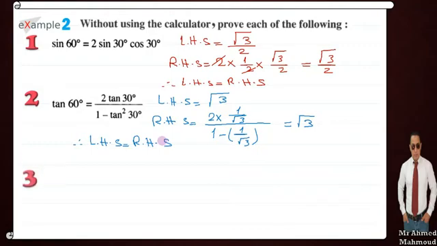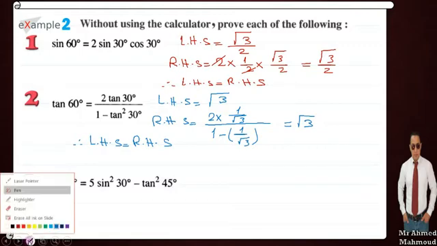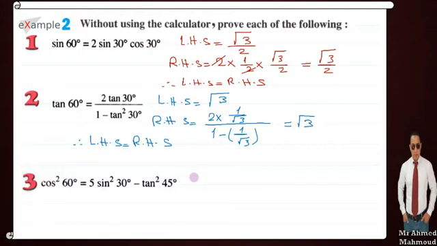Number 3. Start with the left hand side. The left hand side here equals cosine square 60, which is cosine 60 equals 1 over 2, all to the power of 2, equals 1 over 4.